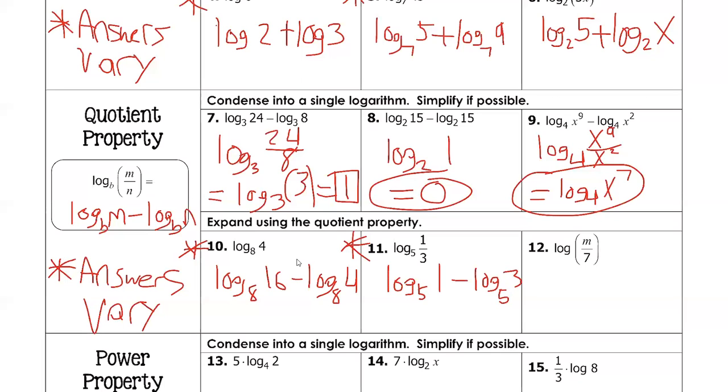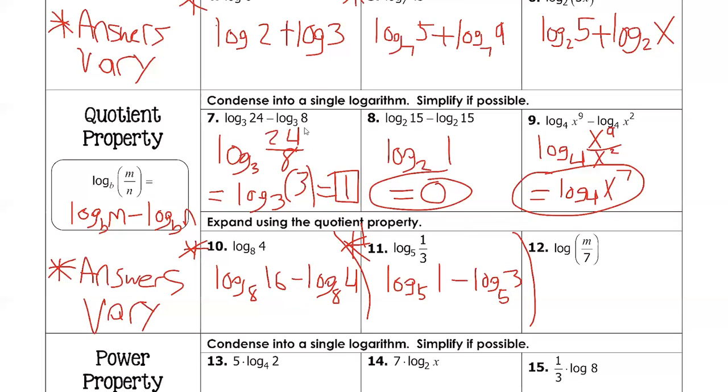Like, 11's not as bad. You could also come up with different numbers that divide and give you 1/3, like log base 5 of 15 minus log base 5 of 5, for example. So if I'm losing you with 10 and 11 or questions like 5 and 6 above, don't worry too much, because I think they're kind of weird questions, to be honest.